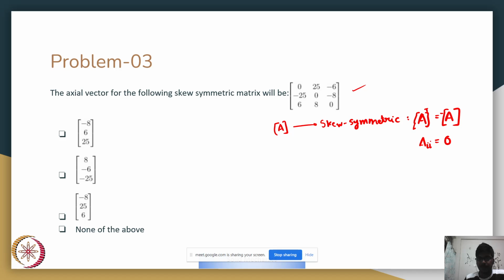And where does this definition come from? Do you remember that? It comes from the cross product.